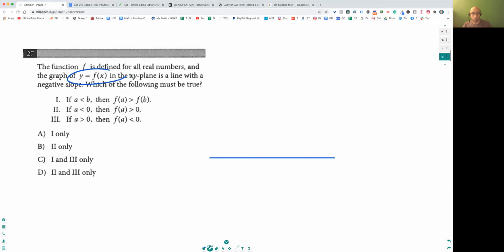Remember, this is just a fancy thing, okay? It's just a line with a negative slope, guys. So something like this. I'm gonna give you a hint over here. This is 0, okay? Now try it.